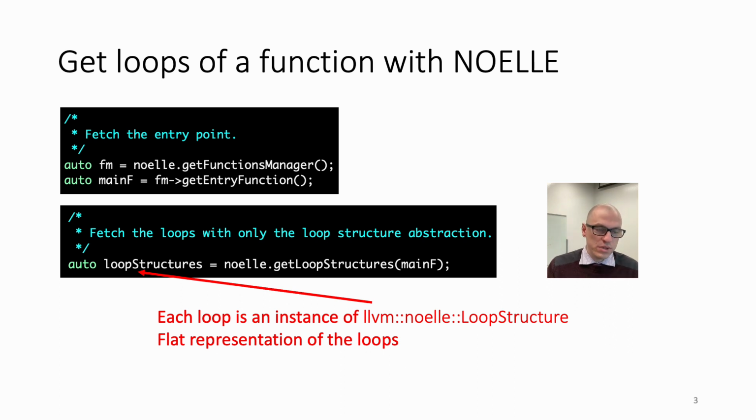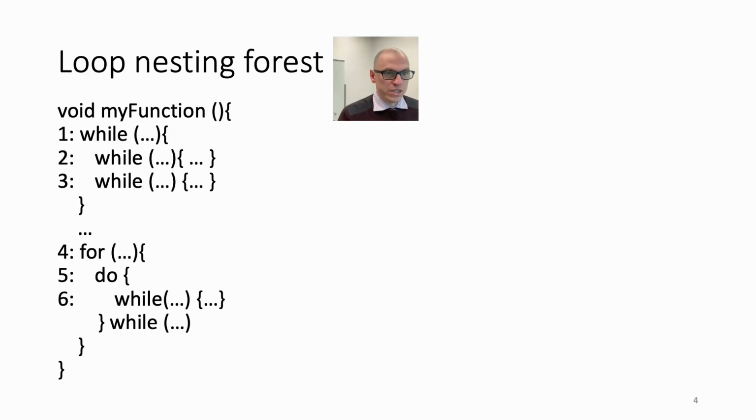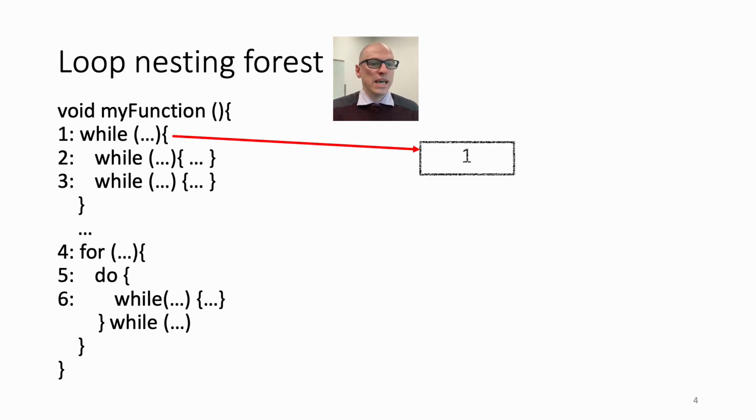But we know that there is a nesting relation between some loops, and any compiler class would have taught you that. And if you don't know what nesting relation means between loops, please check out my material for the class 323 on my website. So for example, just to give you a very quick summary, if you have this function, here you have several loops, and they are organized hierarchically.